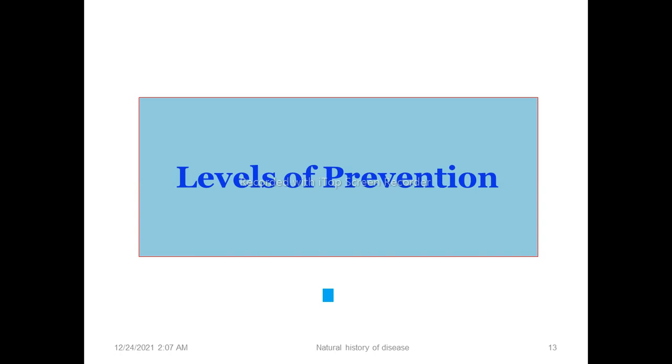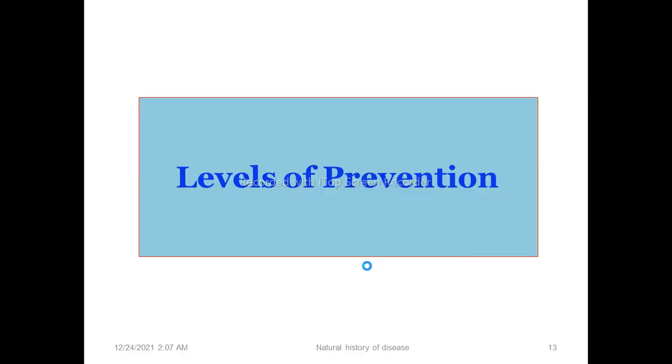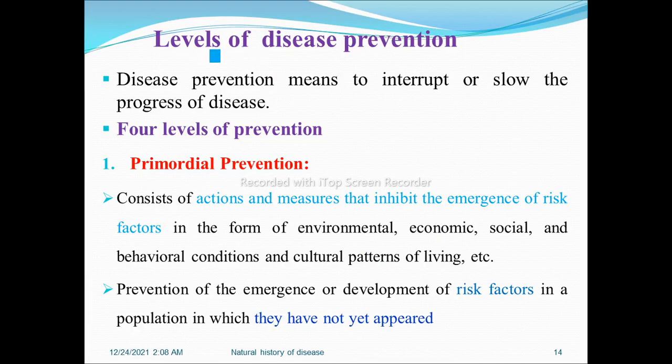The second objective is the levels of prevention: how to prevent disease in relation to this natural history of disease. Disease prevention means interrupting or slowing the progress of the disease process.